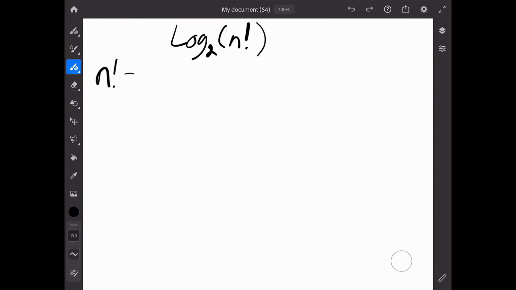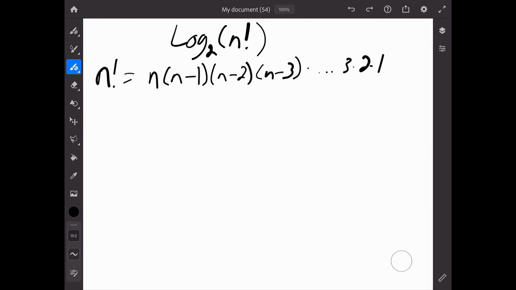N factorial is by definition n times n minus 1 times n minus 2 times n minus 3, and so on, right? So remember, let me write this off to the side: the log of a times b is the same as the log of a plus the log of b, right? When you multiply numbers, you add the logs.